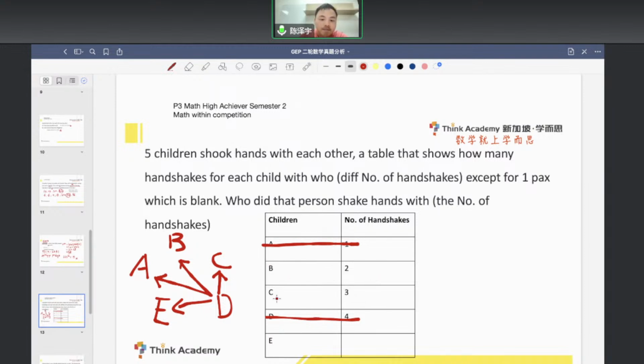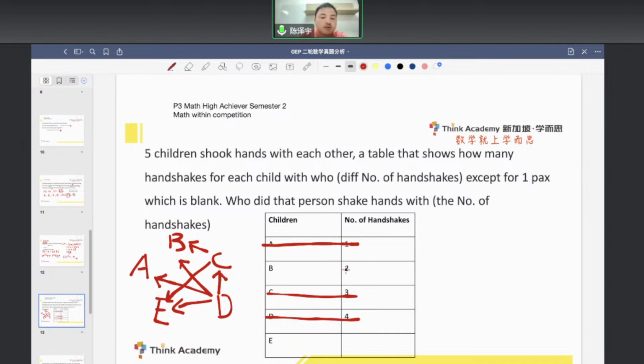Let's look at C. C shakes 3 times. First time with D, and C will not shake with A anymore. So C needs to shake with 2 more people, and the 2 more people left are just B and E. Let's just draw the arrows and cancel C. C shakes all 3 times.